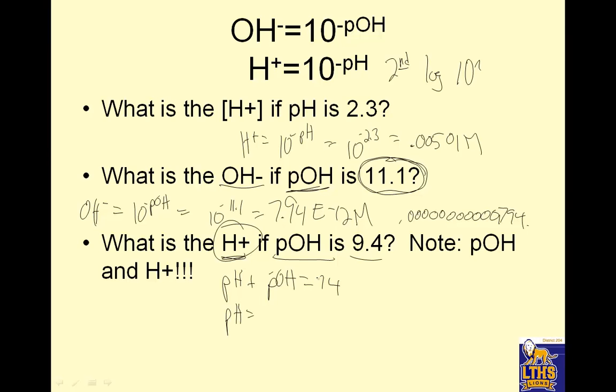So pH equals 14 minus 9.4, which is 4.6. H positive equals 10 to the negative pH equals 10 to the negative 4.6 equals second log negative 4.6, enter, 2.51 E negative 5 molar.